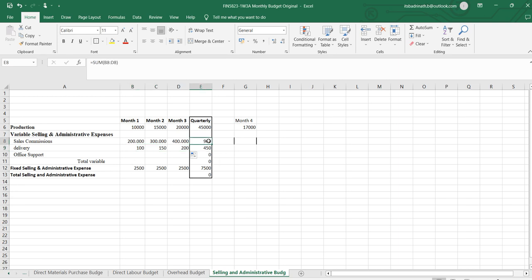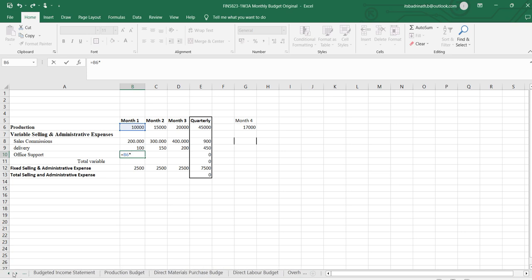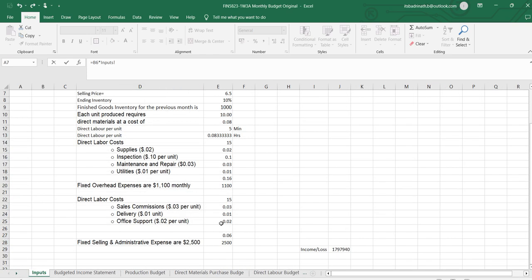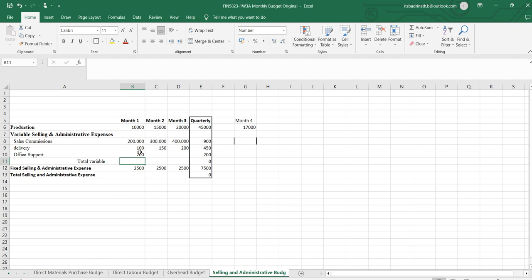So these are again additions, the addition of month 1 and month 2. We are supposed to do B6 plus B7, C6 plus B6. Similarly for all the values, we will be calculating addition only, taking the sum of all 3 months' values. For office support, it is again the number of units times the office support cost, which is 0.5. So again I will convert this into static.